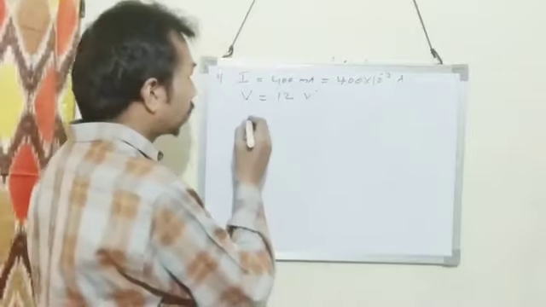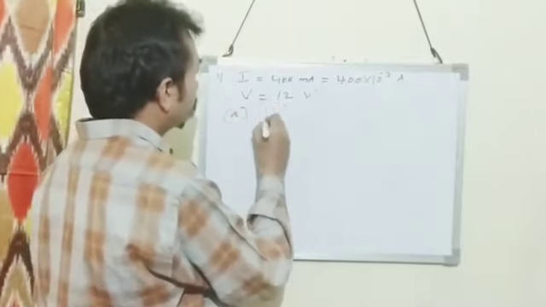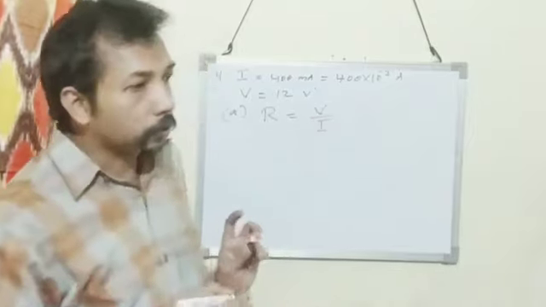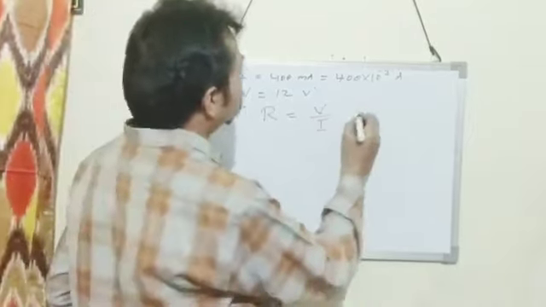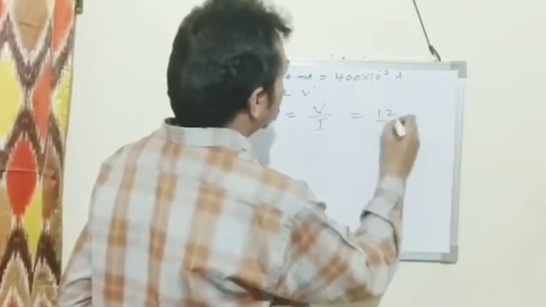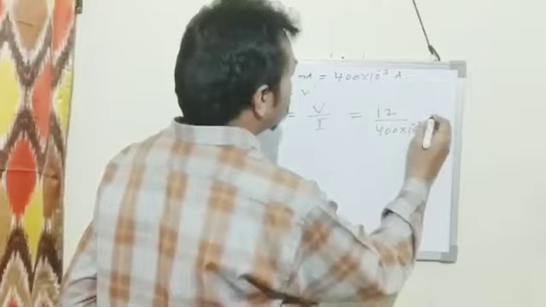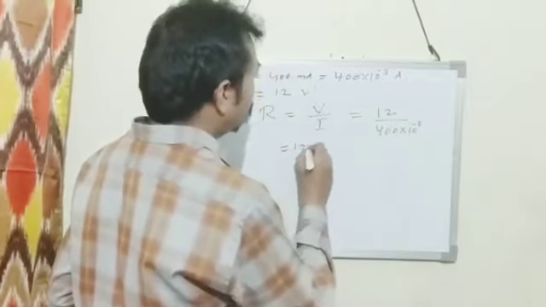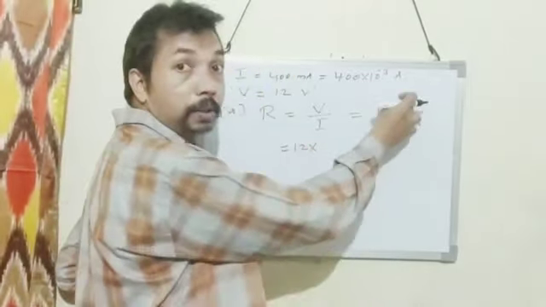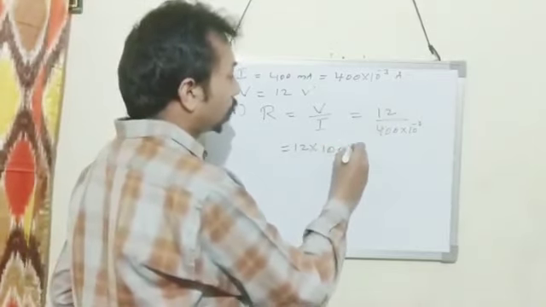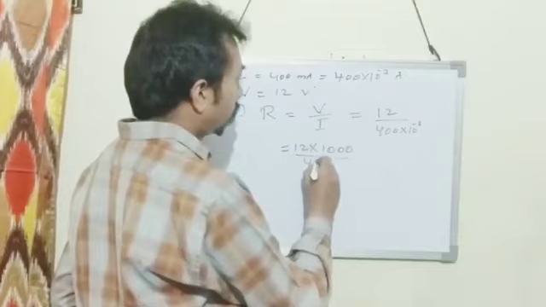First part, what is the resistance? Resistance R is equal to V upon I. Substituting 12 divided by 400 into 10 to the power minus 3. So that is equal to 12 into 10 to the power minus 3. When it comes to the numerator, it will be 10 to the power 3, which means 1000 upon 400.